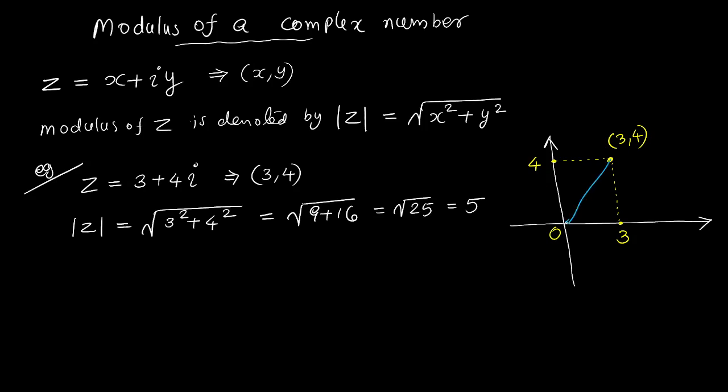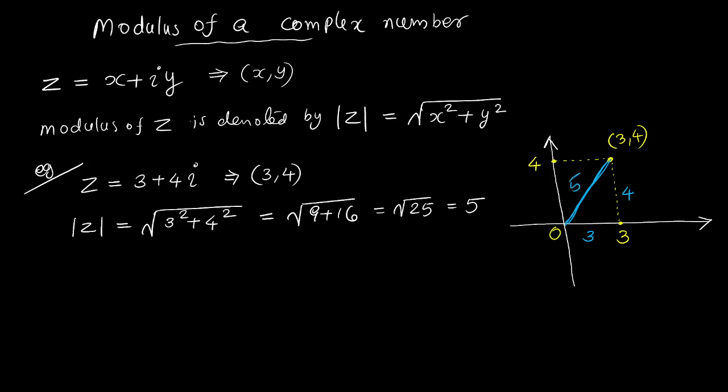What is this blue colored line? It is the distance between the origin and the position of the complex number. You can use the Pythagoras theorem, because this distance is 3 and this distance is 4. So you will get 5.